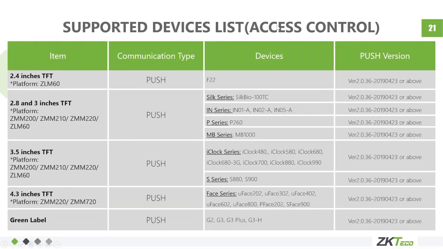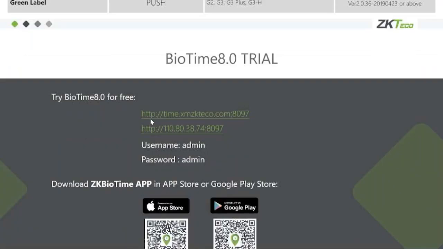More devices would be for the access control part. The S22 models, more or less, are attendance devices that have a relay to control a door. These are the devices allowed to be used as access control devices in BioTime 8.